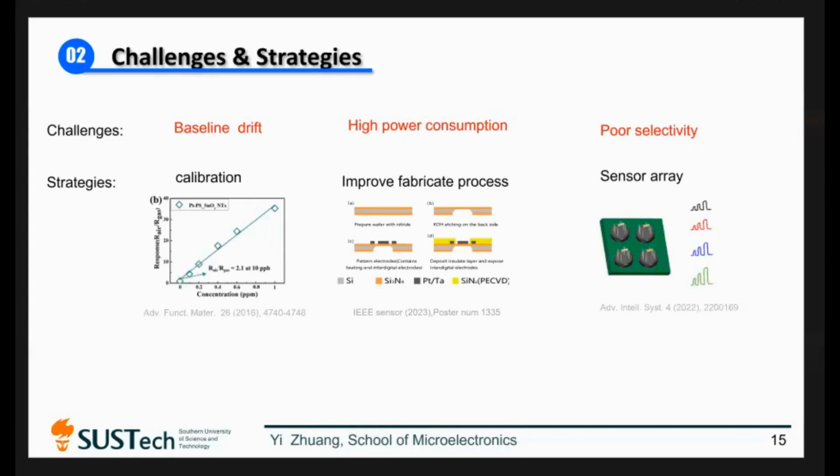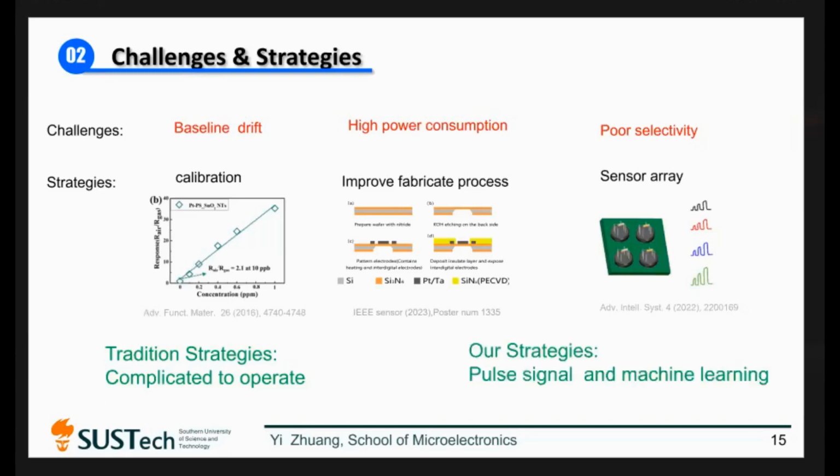For poor selectivity, a sensor array will be a good choice, but those traditional strategies are complicated to operate. So in our research, we propose the use of the pulse heating and machine learning method to address these issues.